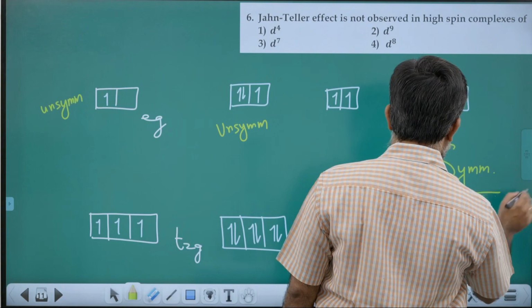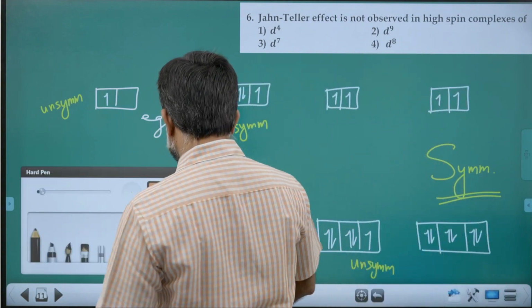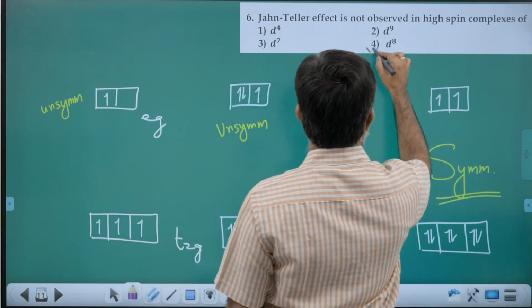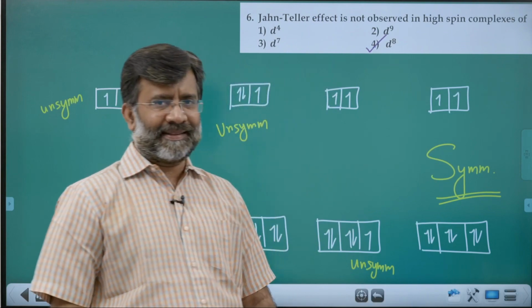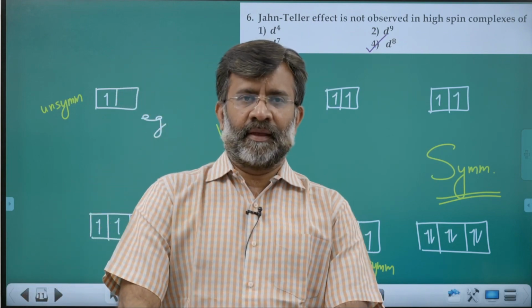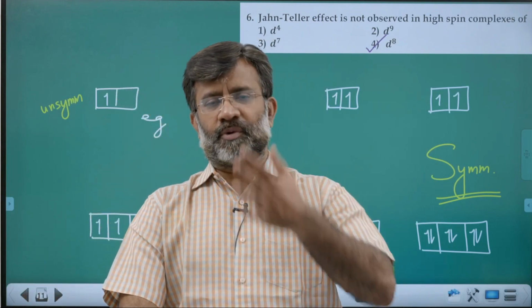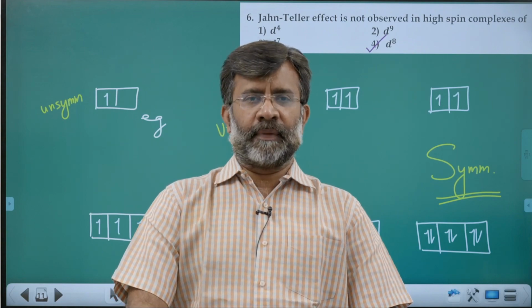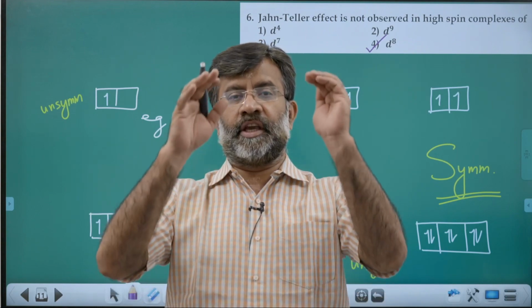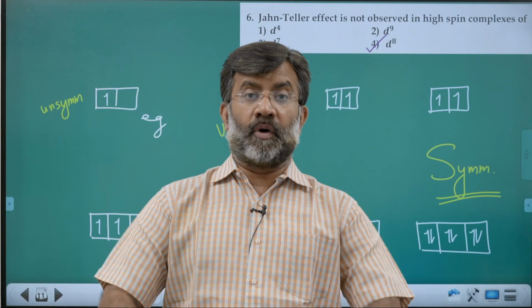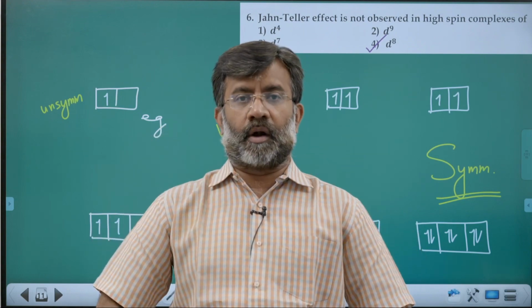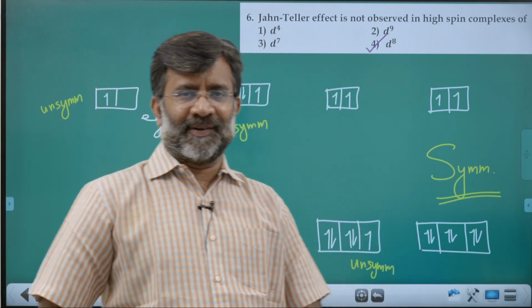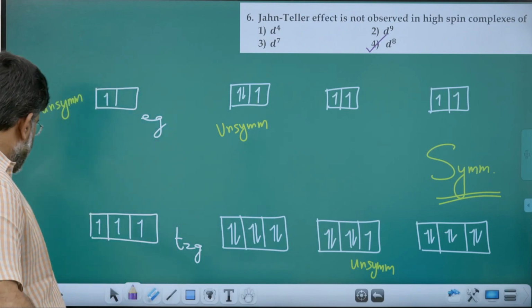And there is no Jahn-Teller effect. And the answer is option fourth choice. I think it is clear. So unsymmetric distribution of electron density across the t2g eg orbitals creates a molecular distortion called the Jahn-Teller effect. Okay. Next.